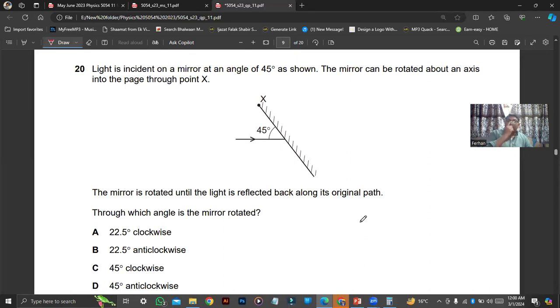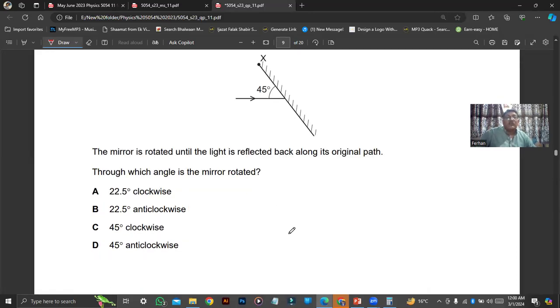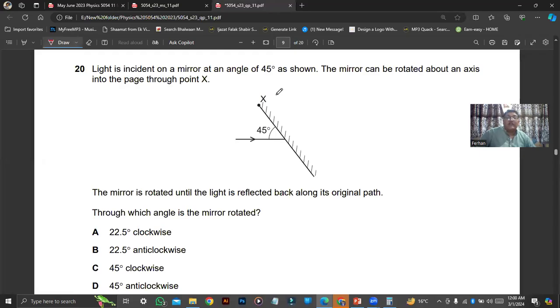The light is reflected back when the light strikes the mirror at a 90-degree angle. So if you want this angle to be 90 degrees, you have to rotate it 45 degrees clockwise. Through which angle is the mirror rotated? So we rotate this 45 degrees clockwise. So this angle will become 90 degrees, and the light will come and go back through the same path.